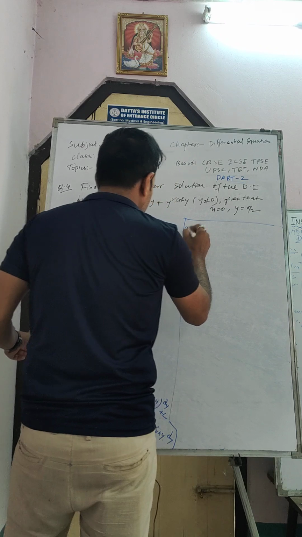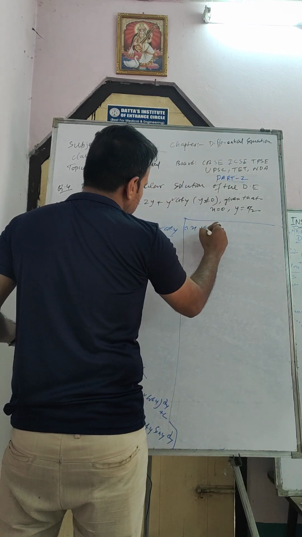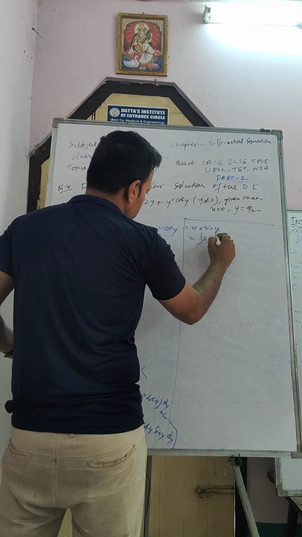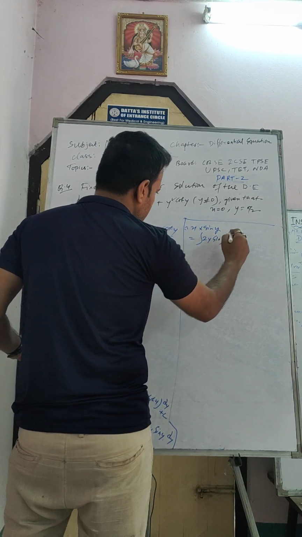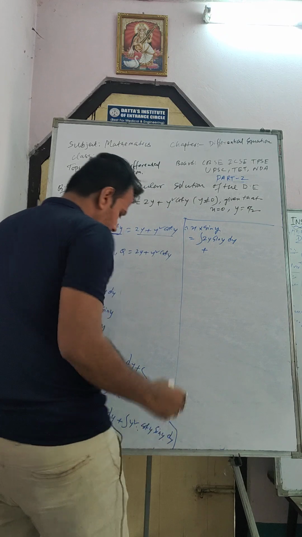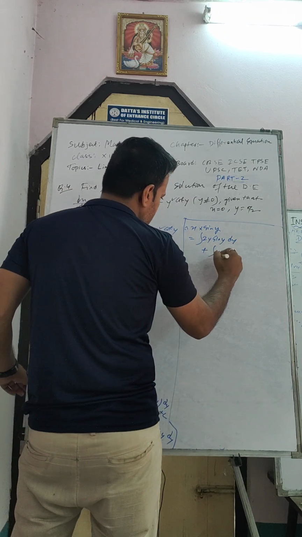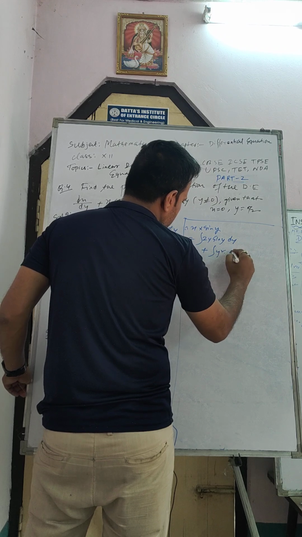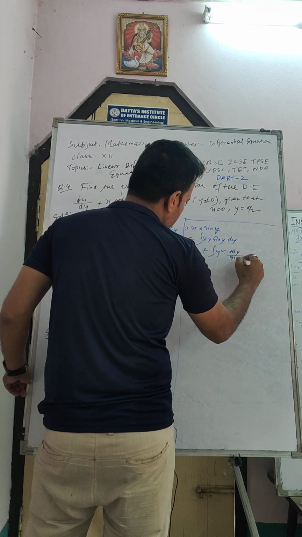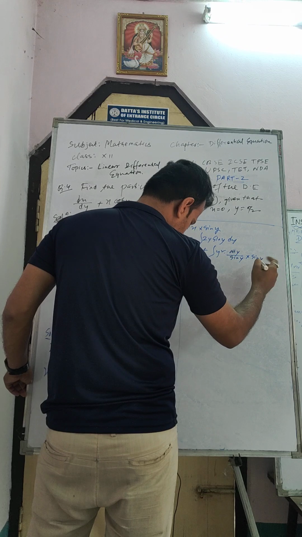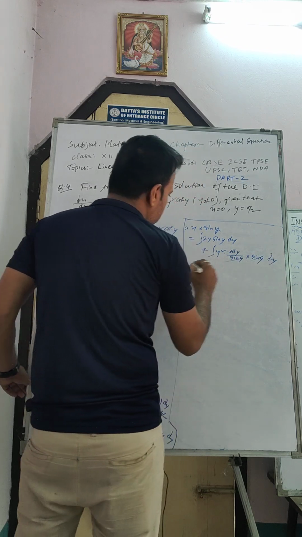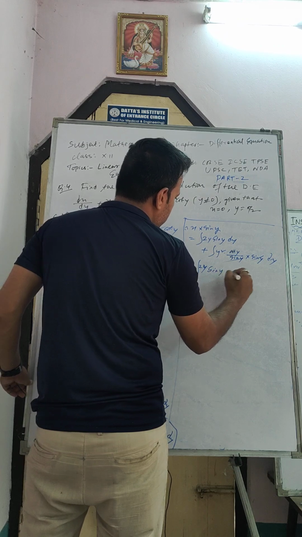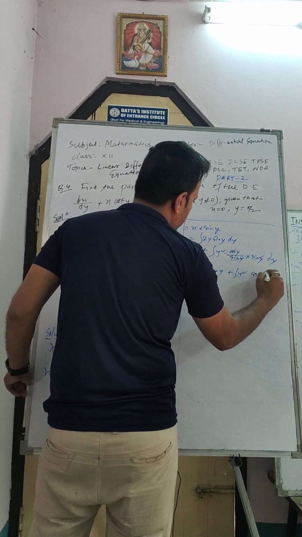Now therefore x into sin y is equal to integration of 2y sin y dy plus integration y square cos y by sin y into sin y dy, equal to 2y sin y plus y square cos y dy.